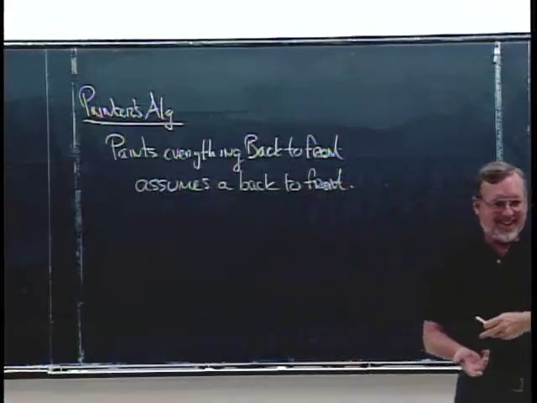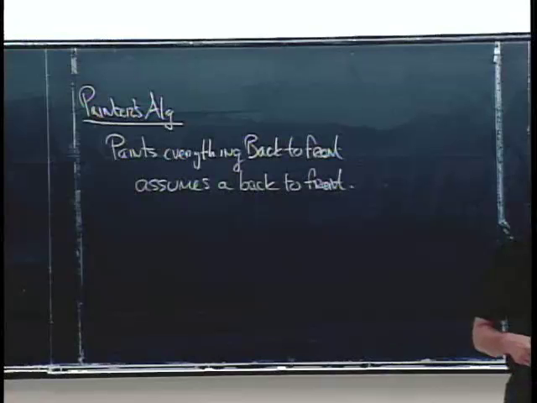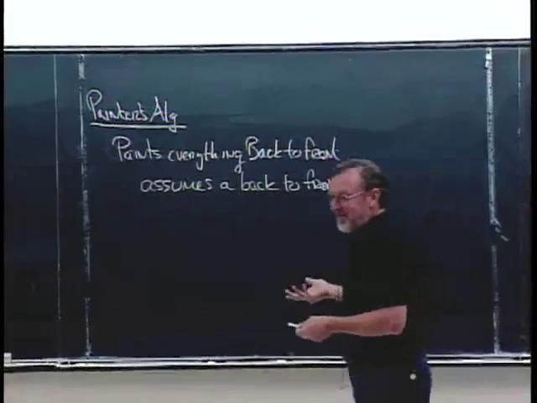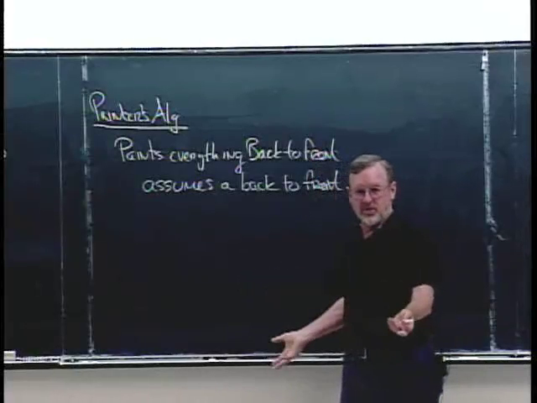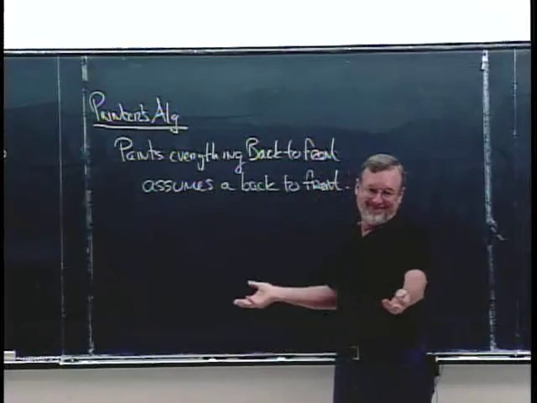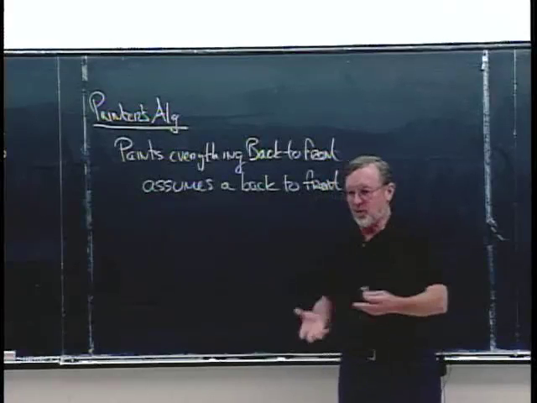Now this is the kicker, of course: a back to front ordering of polygons is tough to get. So what you have to do is sort your polygons first. Take all the polygons you have and sort them.